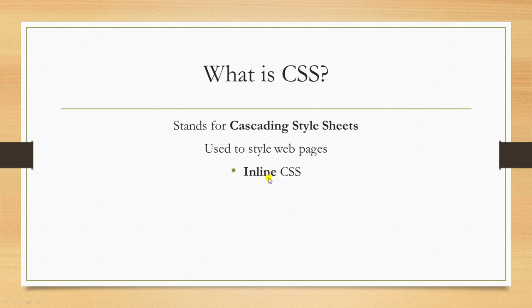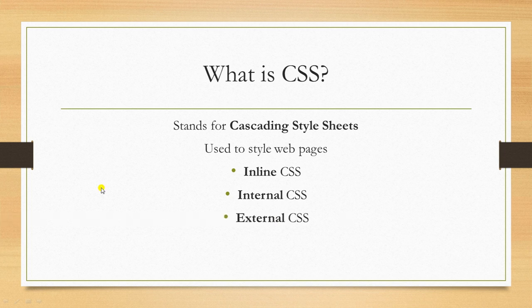Then in CSS, we have three types of CSS. Inline CSS: in inline CSS, we style a specific element. Then we have the internal CSS, which we use in our HTML document to style many HTML elements.